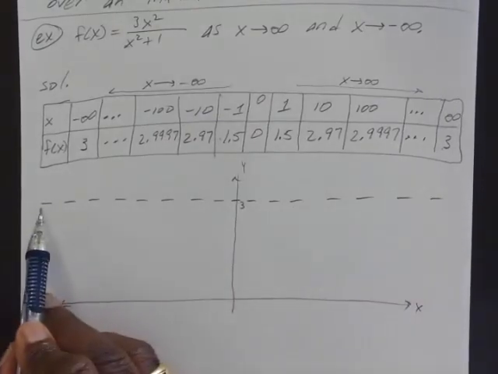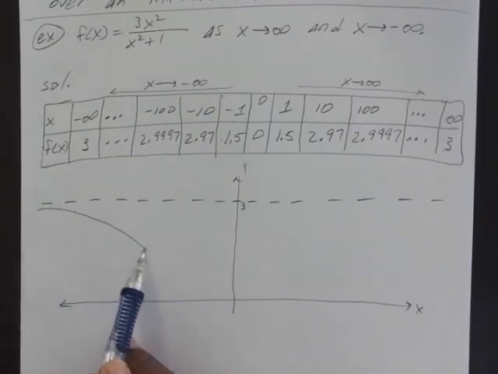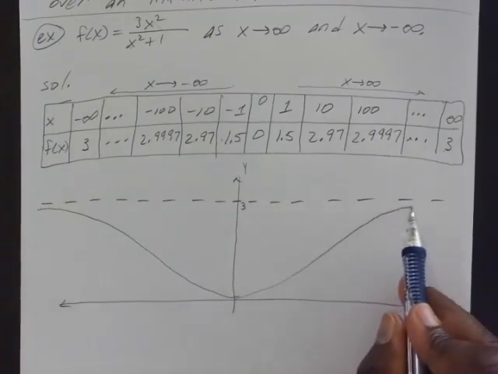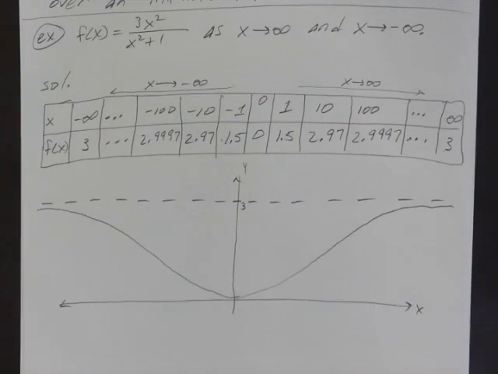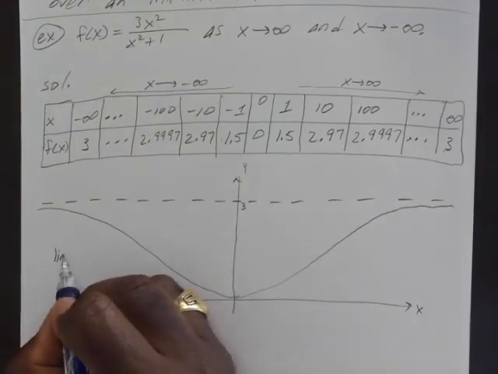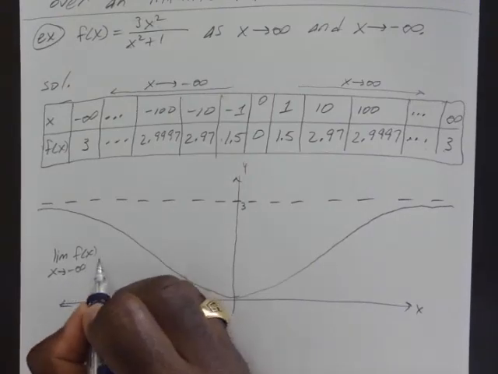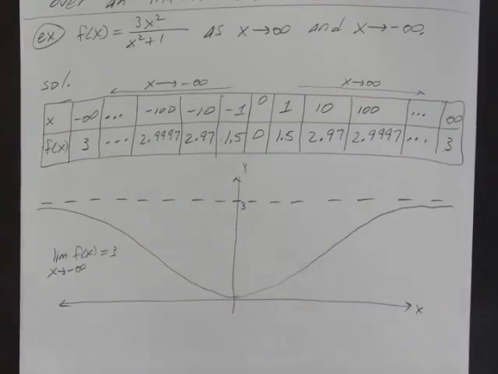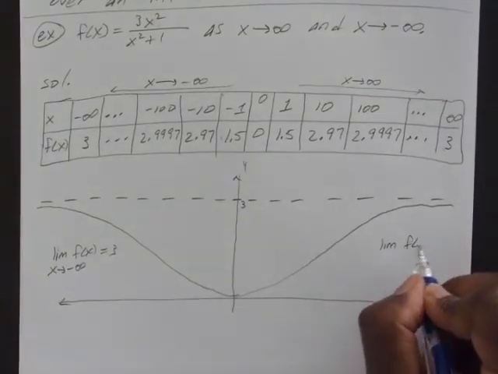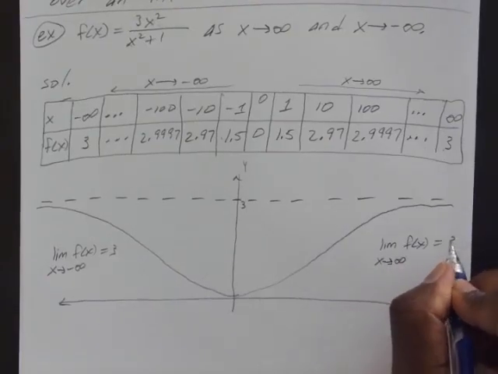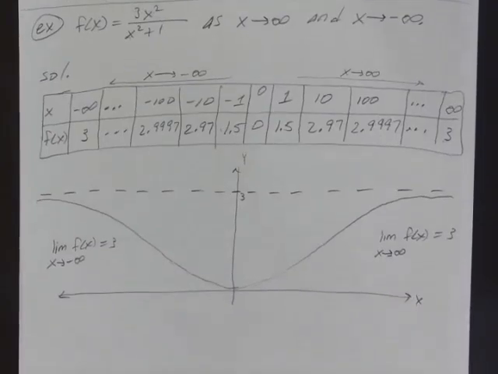This graph will look somewhat like this, where it keeps getting closer and closer to 3. We know the limit of f of x as x approaches negative infinity is equal to 3. And we know the limit of this function f of x as x approaches positive infinity is equal to 3.